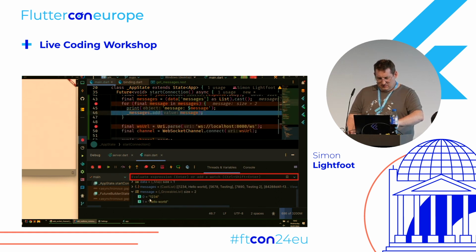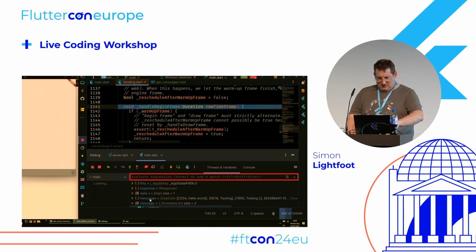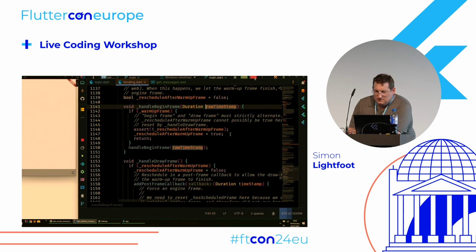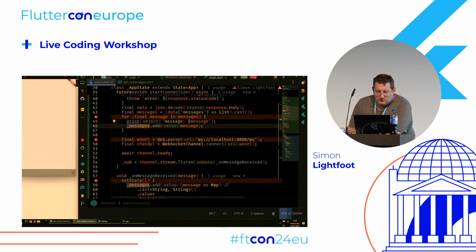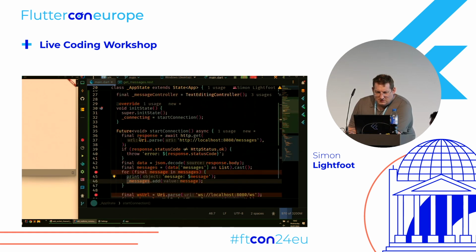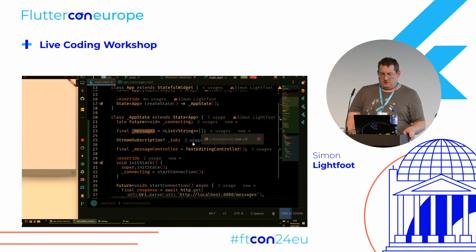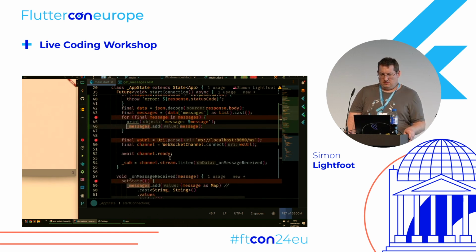I mean, it should. It's definitely crashing at that point, but what we're not. Right. Messages. You know what we could do? A list of string. Message was a list of string, right?